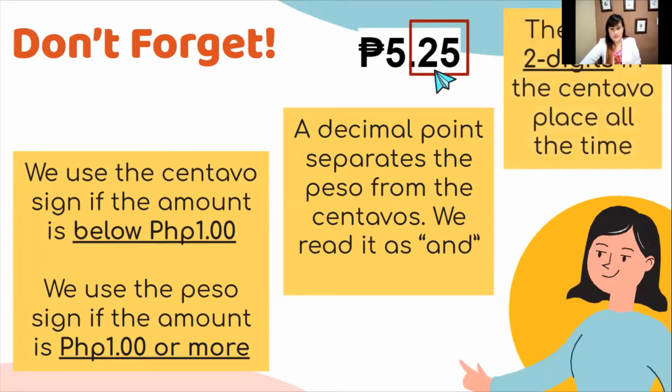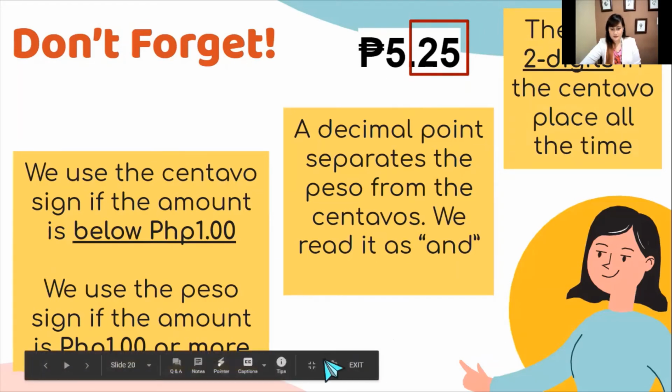There are 2 digits in the centavo place all the time. You have to remember that the centavo place, when we are writing the amount of money, is always 2 digits. So again, let's go back to our example.